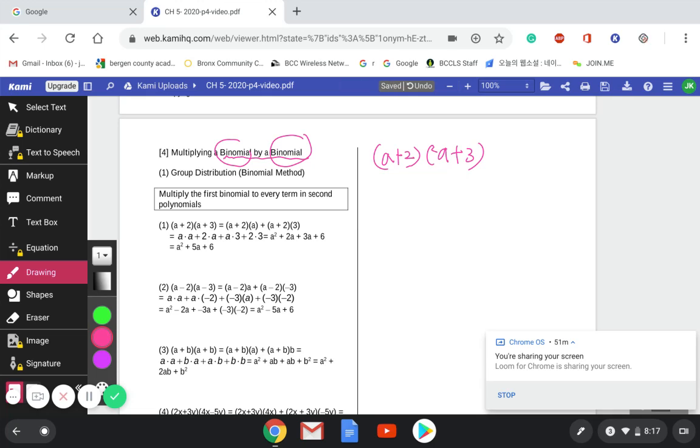You can see that in this parenthesis, and this is a number in front of parenthesis, now this whole group is distributing. So that becomes a plus 2 multiplied with a, plus a plus 2 multiplied with 3. So this whole group is distributing. That's why they call it group distribution.